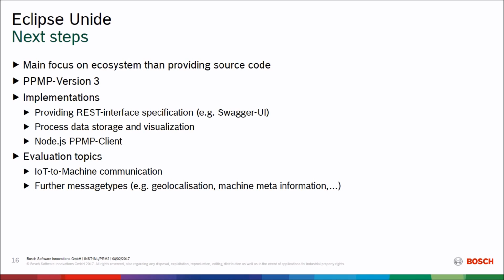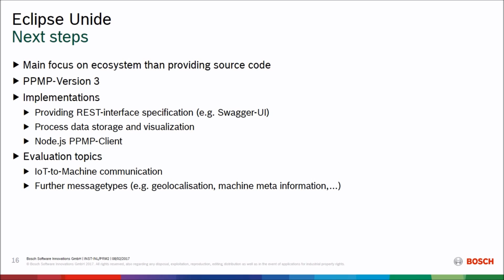We are planning to specify maybe a PPMP version 3 to refactor the currently offered message types, because they are based on our experience as Bosch Software Innovations, but we get more and more experience from other vendors and manufacturers, which leads to some changes in the existing specification. So maybe we will have a PPMP version 3.